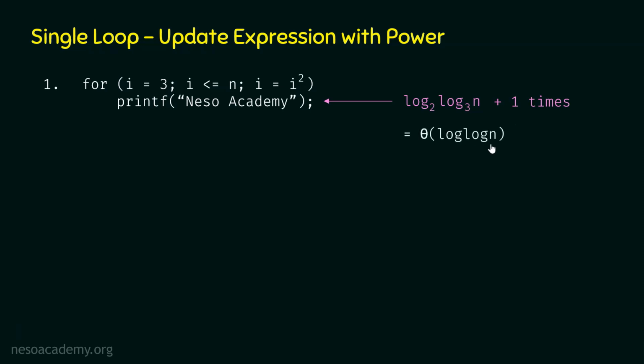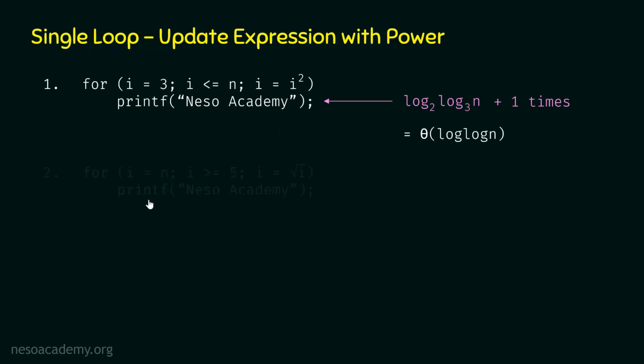We do not have to worry about constants and we do not have to worry about bases when we write in terms of asymptotic notation. So this is theta of log log n. This is the time complexity of this loop. I hope now it is clear how to find the time complexity of these types of loops.